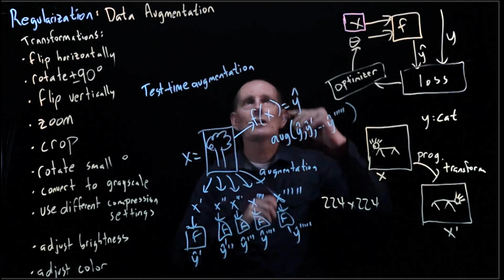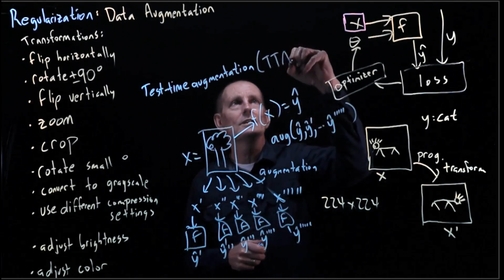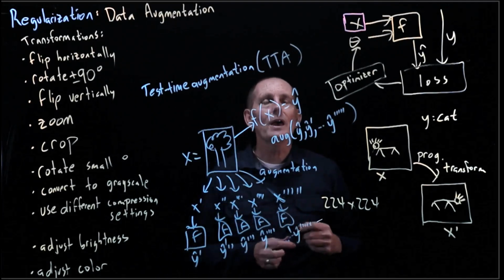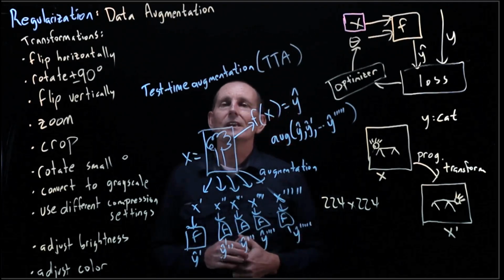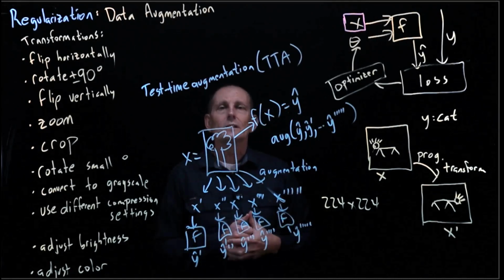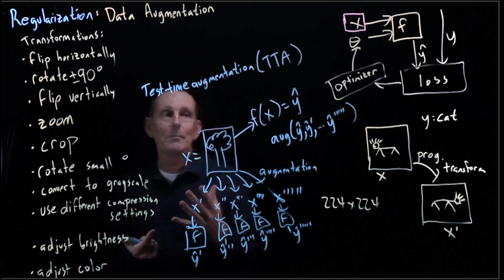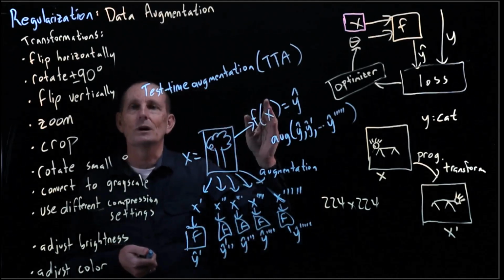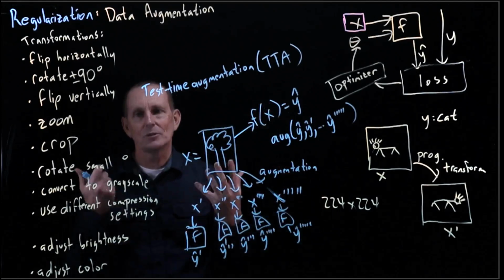That's called test time augmentation, abbreviated TTA. It is a way of improving your validation loss and improving your generalizability at the expense of being more complicated, because you actually have to call f not just once, but in this case 6 times, whatever number you want.